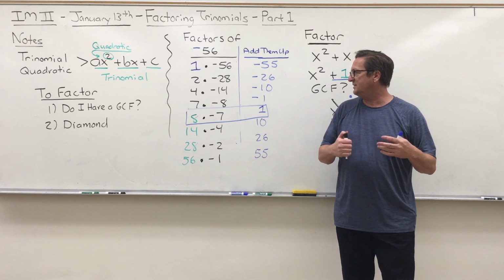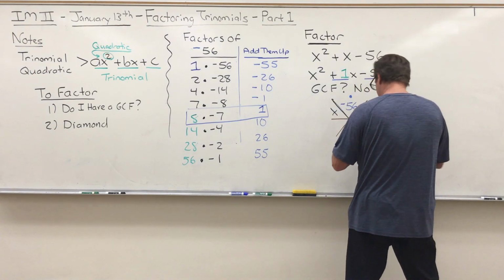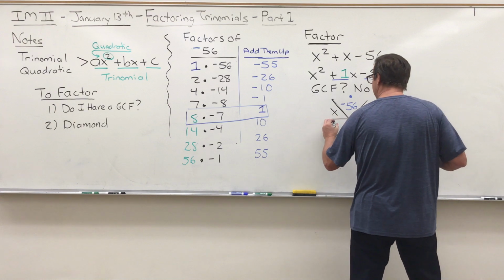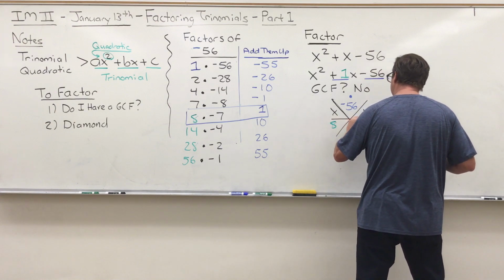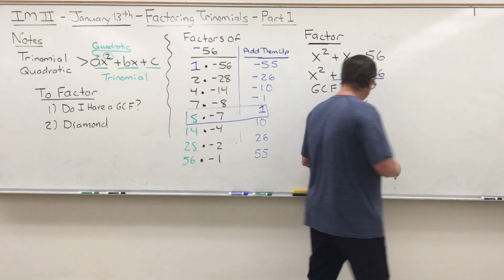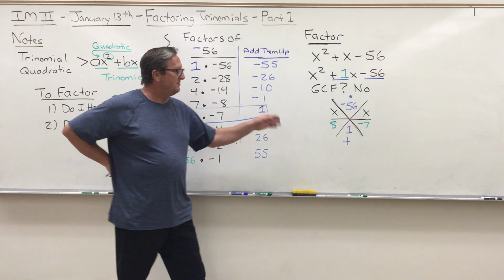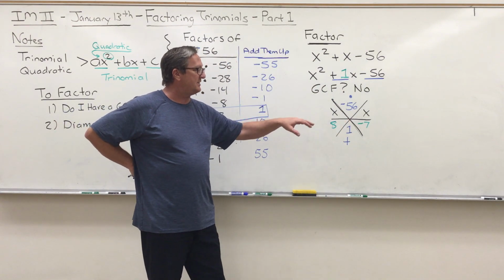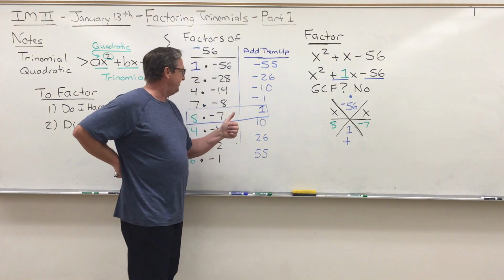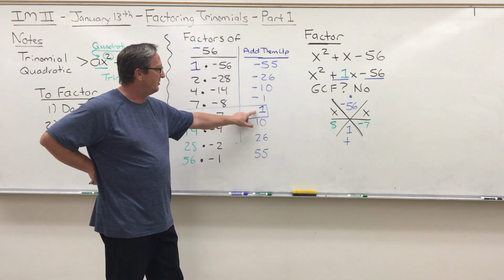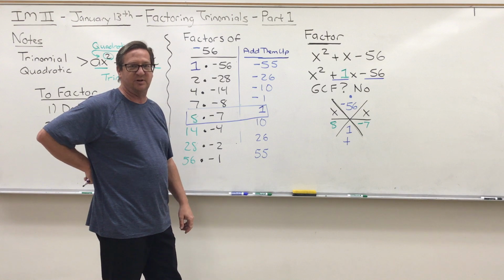We're going to do 8 times negative 7, so I'm going to put 8 there and negative 7 there. It doesn't matter where you put the 8 and the negative 7, but 8 better be positive and 7 better be negative. That's the only way to get a 1 instead of a negative 1.